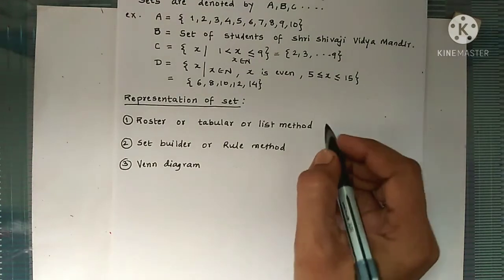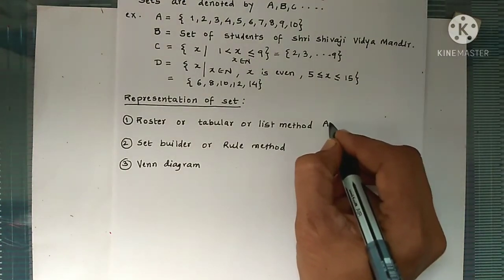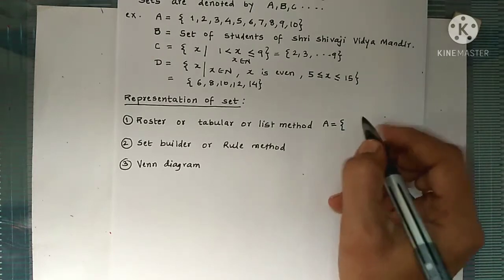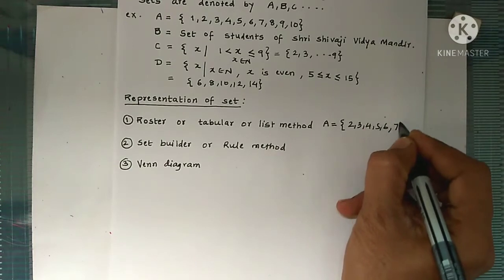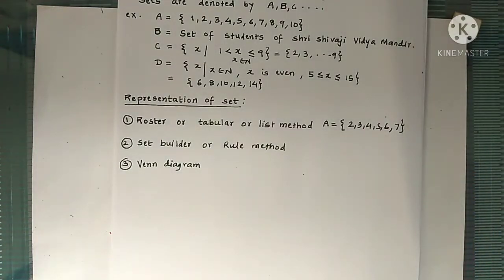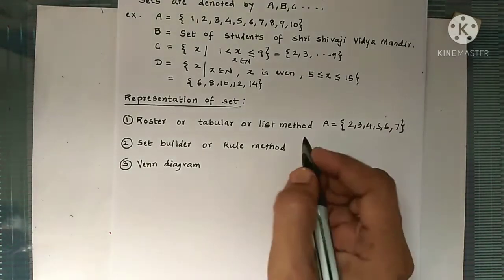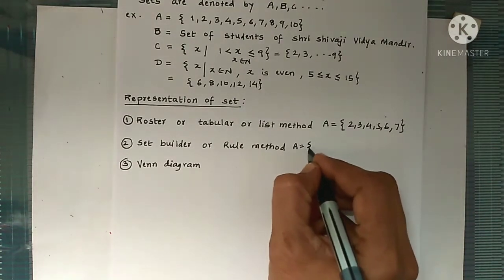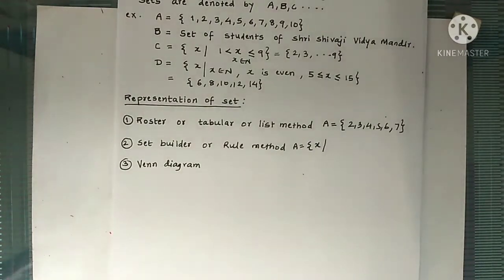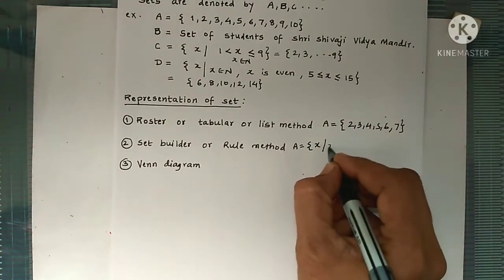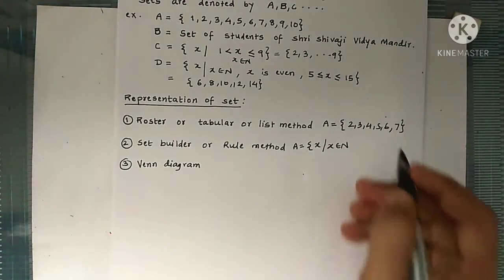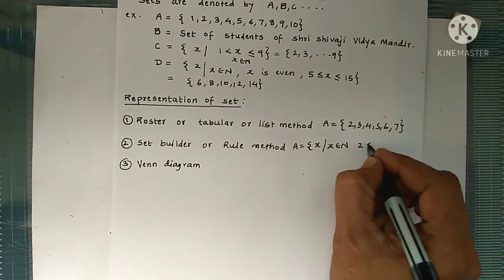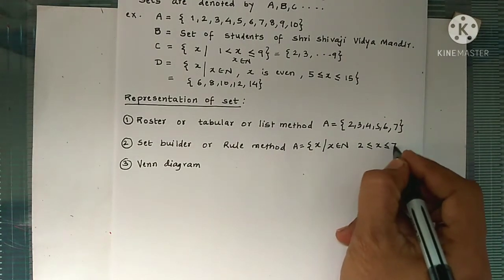Roster or tabular or list method. For example, if I write a set, say A equal to 2, 3, 4, 5, 6 and 7, I have listed all the elements of the set. Now let's write this set by the rule method. For set A, we write x, and we have to write a condition for x. First of all, x is a natural number, so x belongs to N, and those natural numbers start with 2 and end with 7.